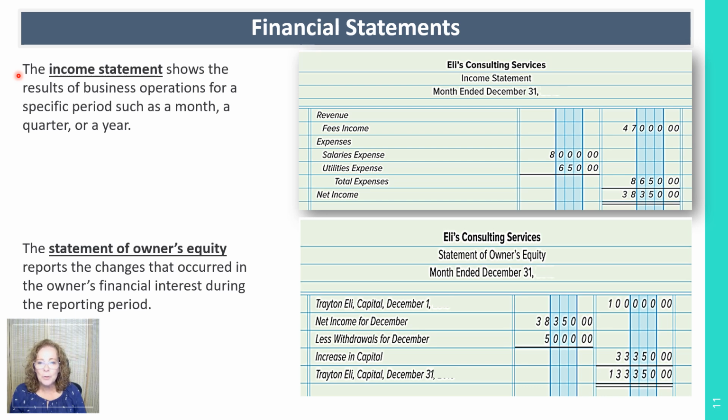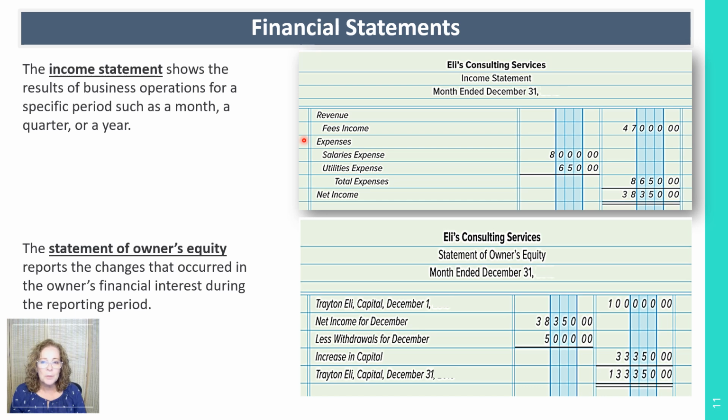The income statement shows the revenue earned and the expenses of doing business. Companies often report their revenue and expenses for a calendar year, but some companies choose a different fiscal year, for instance from July 1st to June 30th. The income statement is sometimes called a profit and loss statement or a statement of income and expenses.